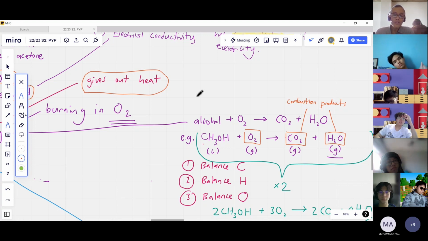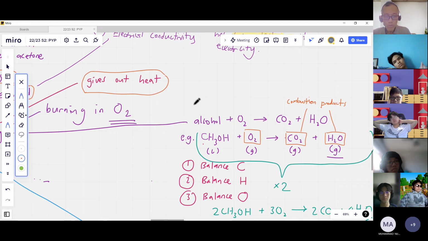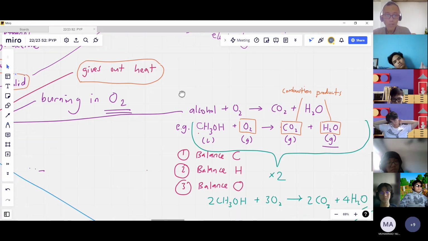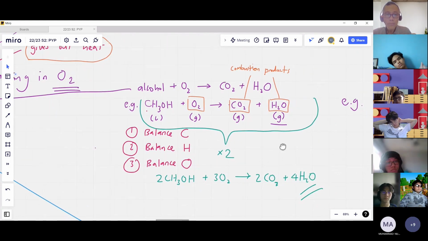That's why it's gaseous here. When you burn something, have you ever seen water coming out? I don't think so, because the water is in the form of water vapor or steam that you can't really see.